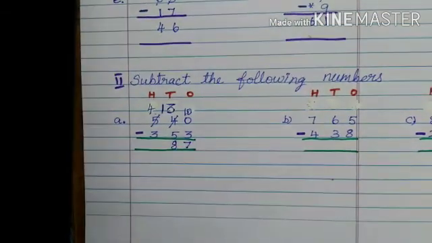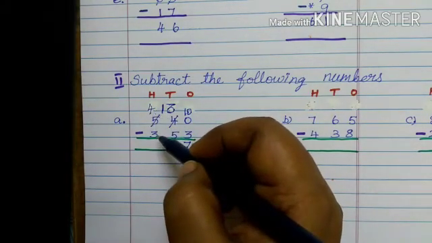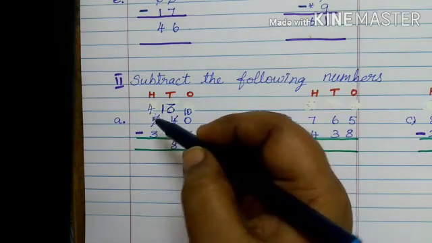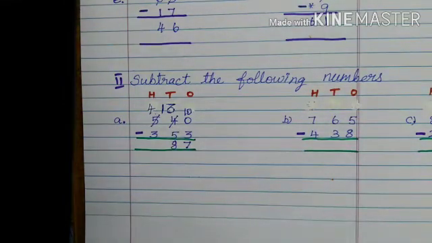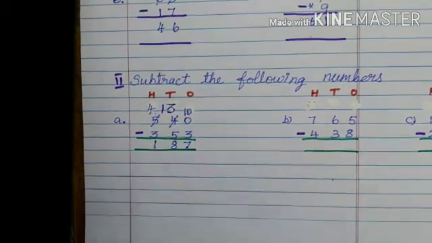The next one, the hundreds place. Compare: 4 subtract 3 is possible. So 4 in the mind, 3 on the fingers. Say 4 before 3, 2, 1.